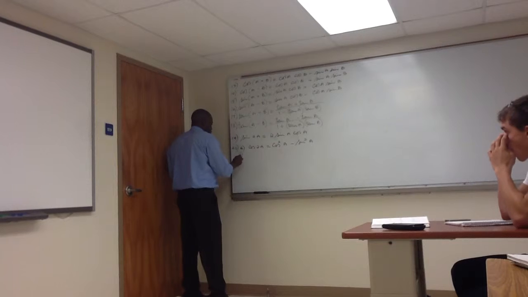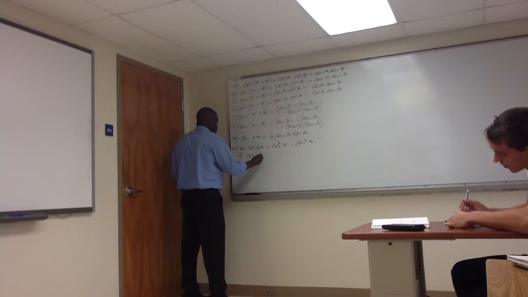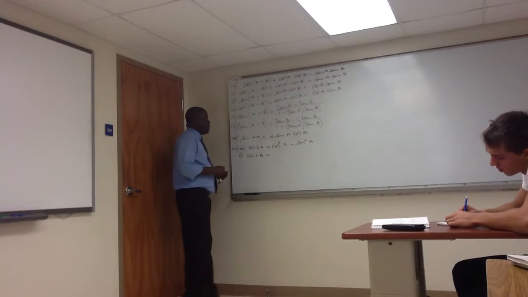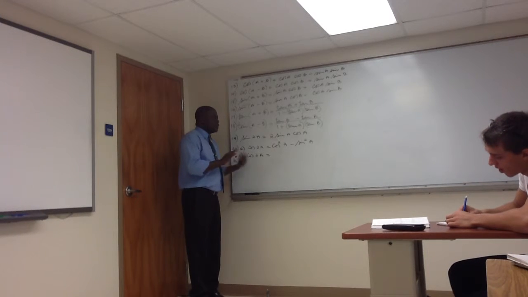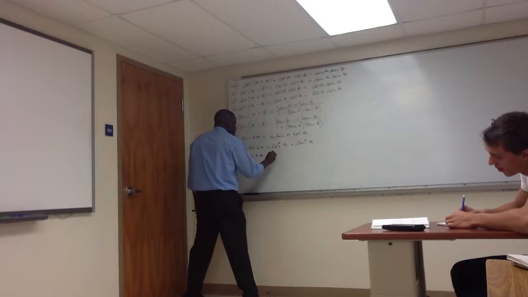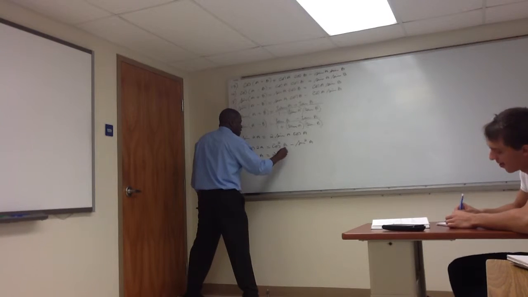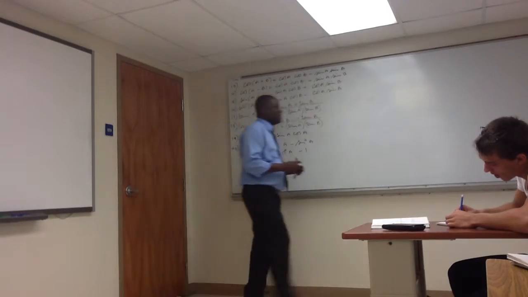Part B of cosine of 2A. If you want to get this whole thing in terms of cosine, you don't want to see any sine involved, you can do that. You will say this is 2 cosine squared of A minus 1. And someone may say, wait a second, how did you get that?